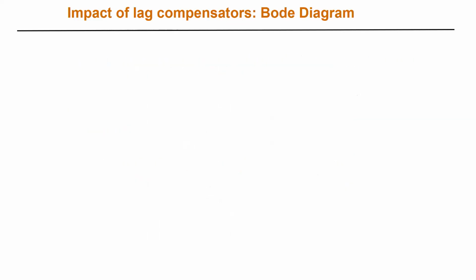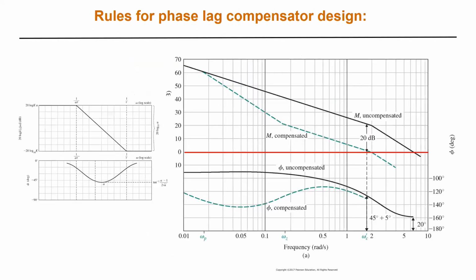Now the philosophy, basically, in this graph. Suppose I have a system; the black one is the compensated system. This is the magnitude and this is the phase. The phase margin of the system is 20.